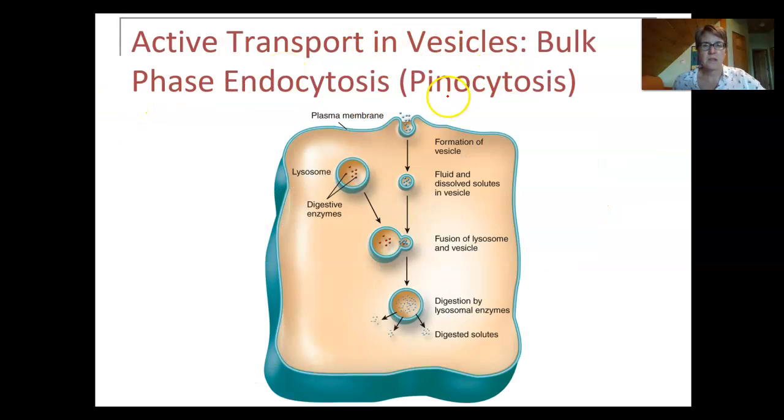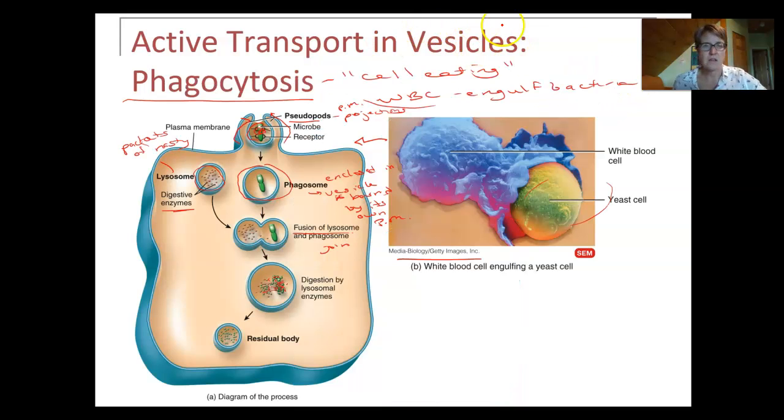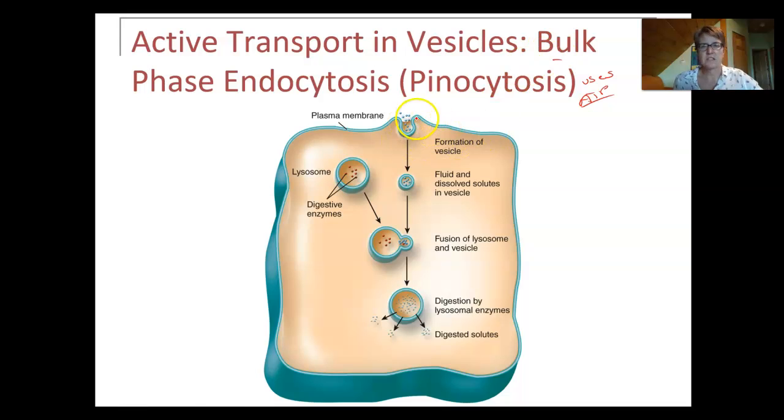Another form of bulk transport. So remember, although I'm not showing you where the ATP is being used, it uses ATP, just like the other one. Okay, this uses ATP. All right, let's go back to this guy. Just like this one. So pinocytosis, instead of me putting out those pseudopods, there's no pseudopods. There's no little projections.